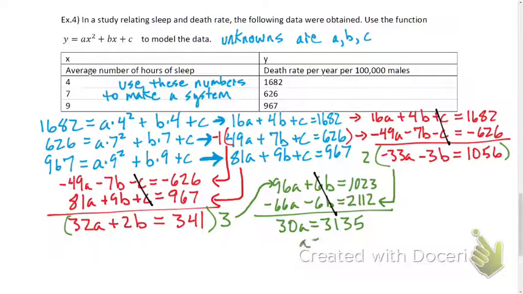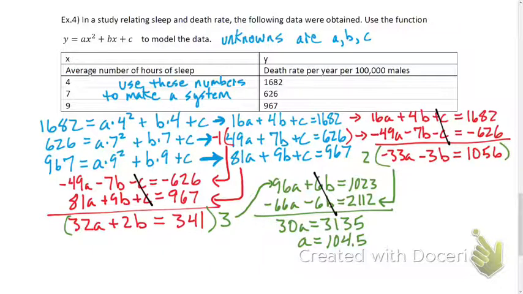Divide by 30, and we get 104.5. So that's step 3. Step 4, let's back substitute, plug in 104.5 into either of the red equations.